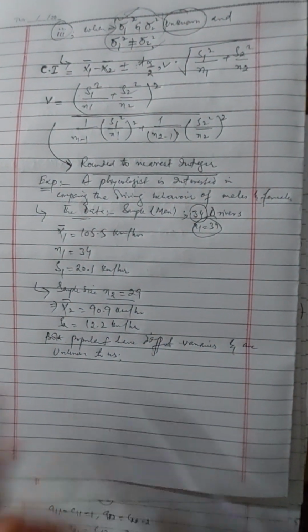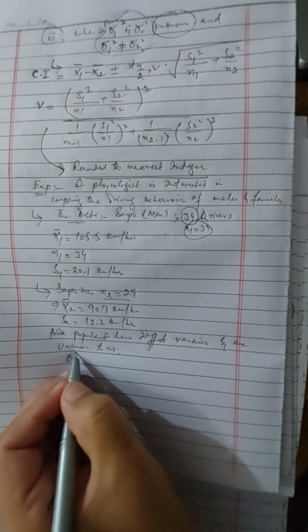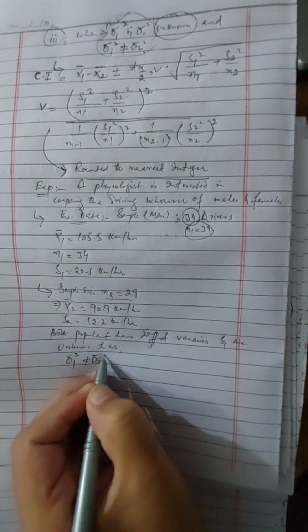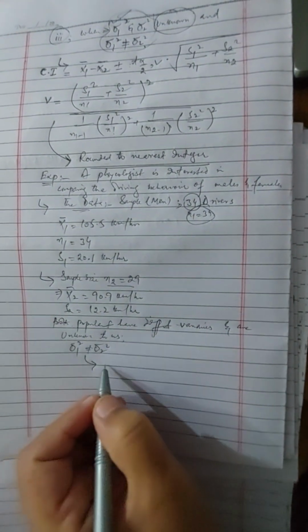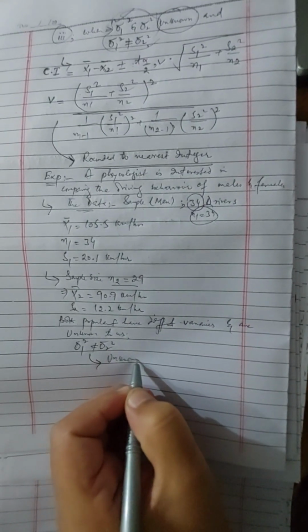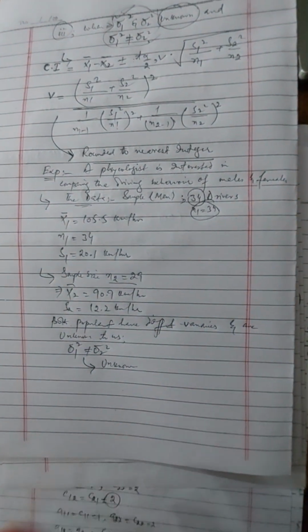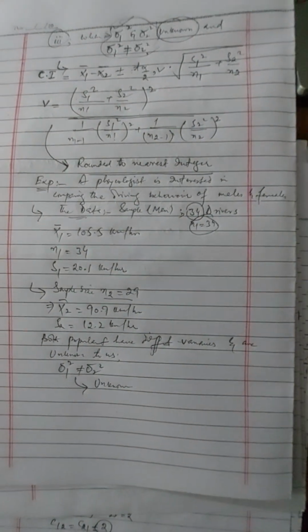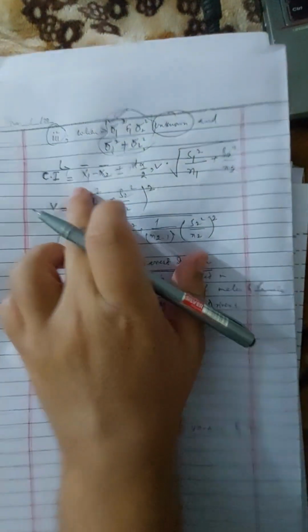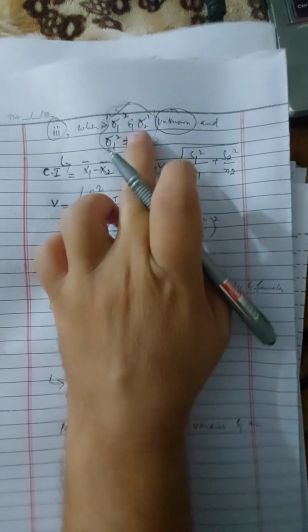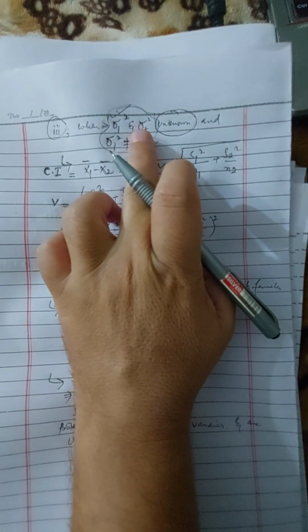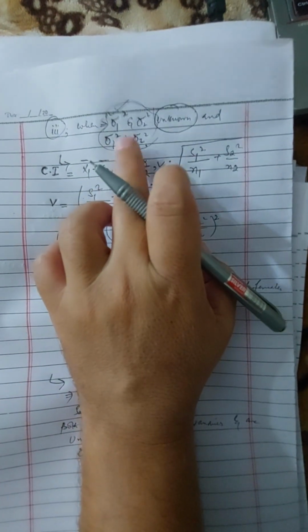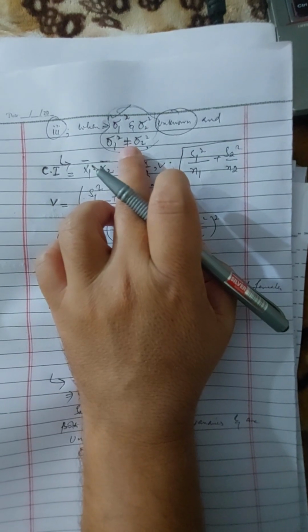So it means that sigma 1 square is not equal to sigma 2 square, and both are unknown. When this condition occurs, we are bound to use this case, because we don't have any population variances, and both the population variances are not equal.